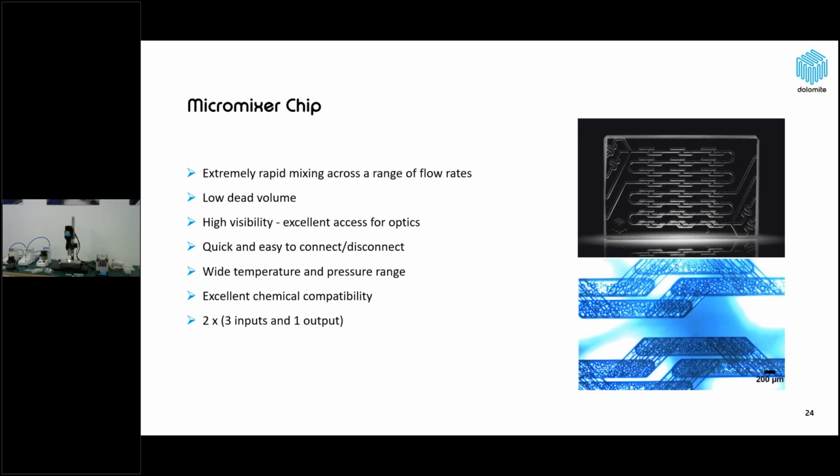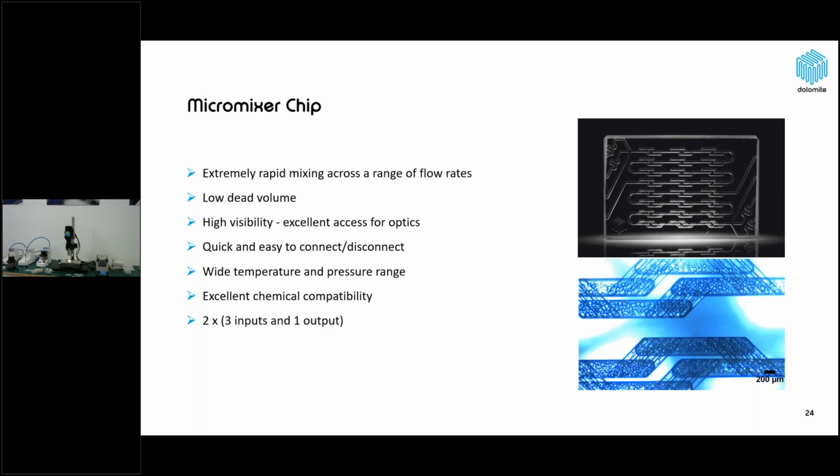With the micro mixer chip, because it has a very specific mixer structure and geometries, the user can obtain a very quick flow rate.